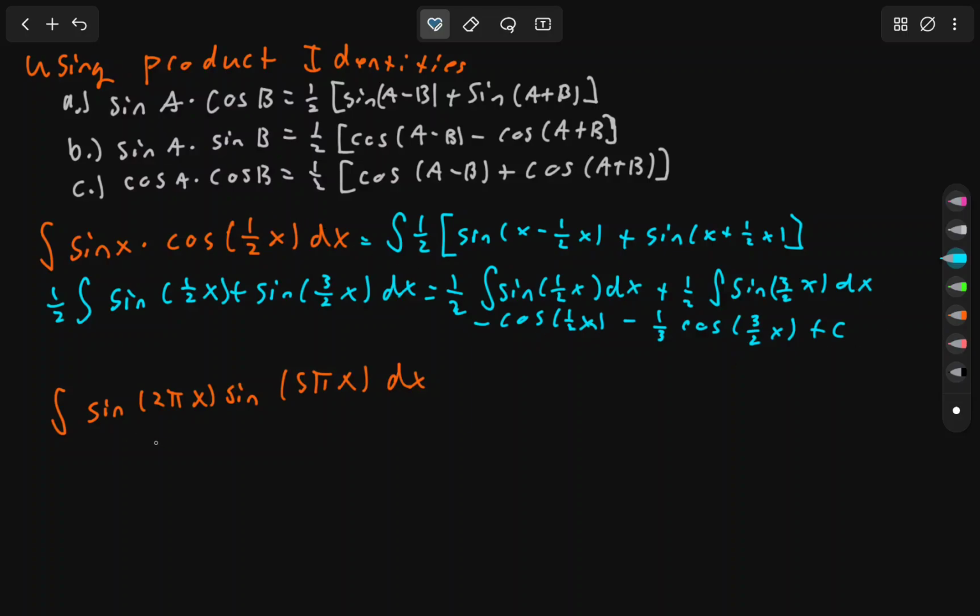For this next integral, we're going to have to use the second product identity.